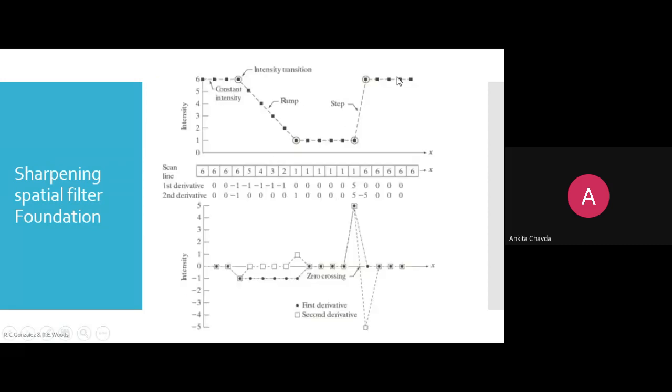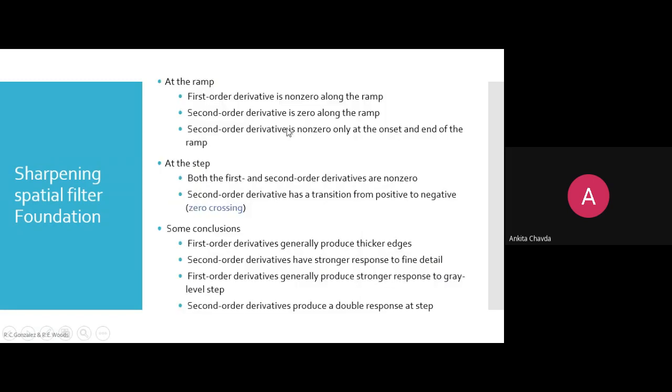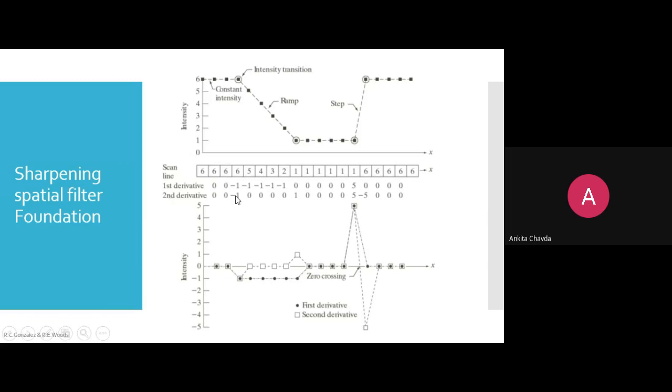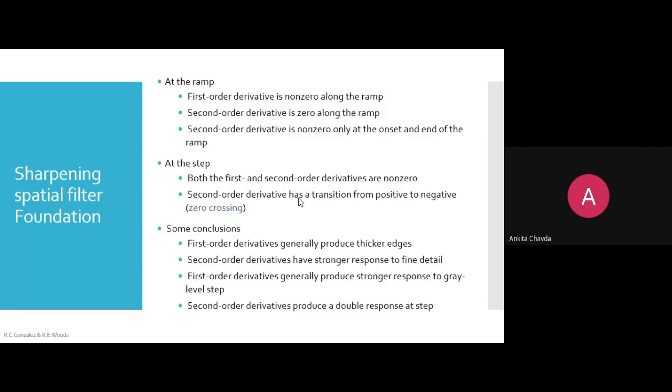Then second derivative is non-zero only at the onset and end of the ramp, which means from where it is starting and from where it is ending. There only they are having the non-zero values. Otherwise, everywhere zero. Along with the ramp, it is zero.